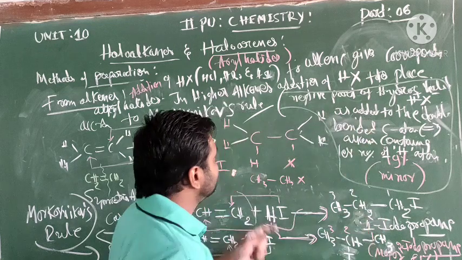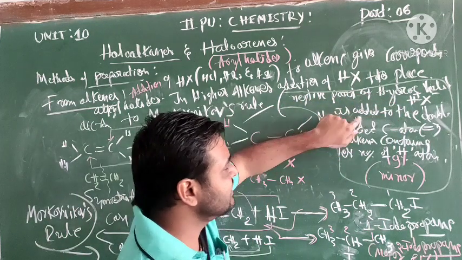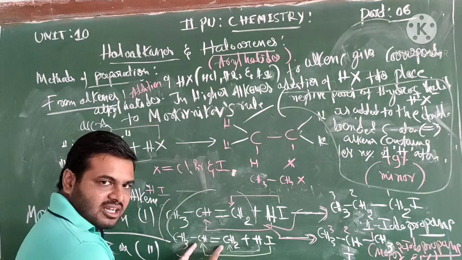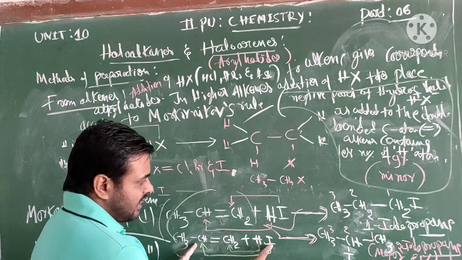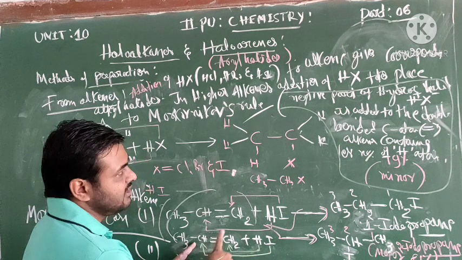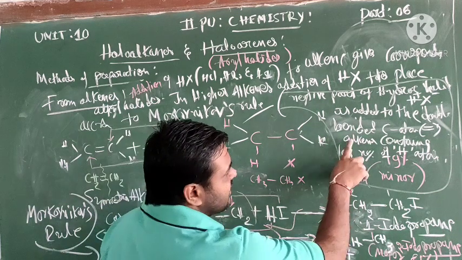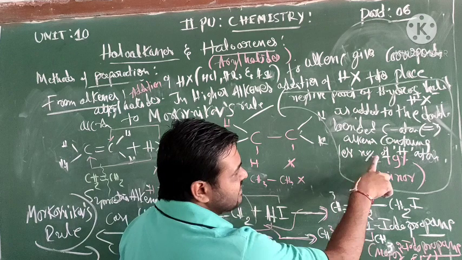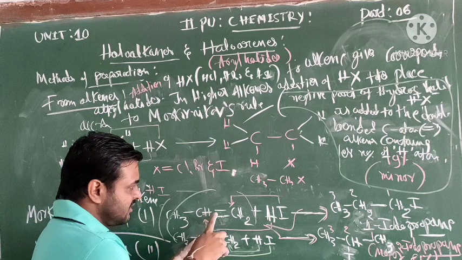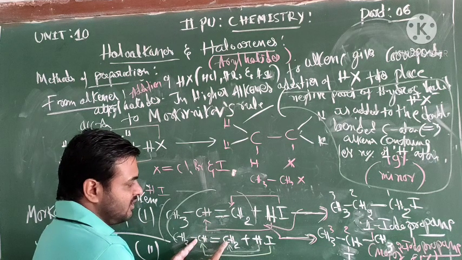What does Markovnikov's rule indicate? The negative part of the hydrogen halide is added to the double bonded carbon atom. See here, this is the carbon double bond. In the hydrogen halide, the halide is added as the negative part. How is it considered the negative part? The alkene carbon containing fewer hydrogen atoms. See here, this carbon has only one hydrogen atom. In this case, the carbon has two hydrogen atoms.